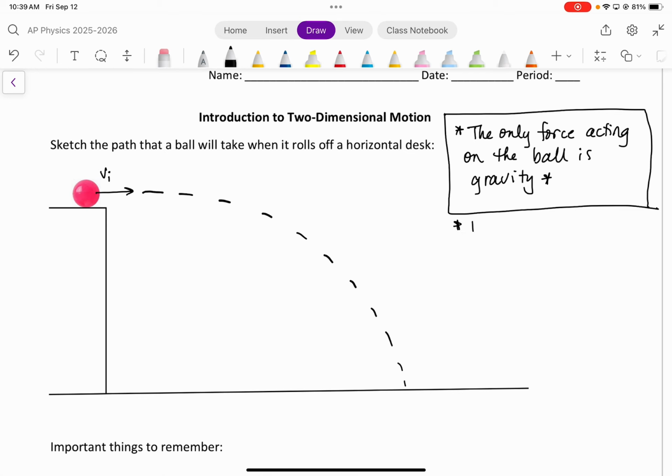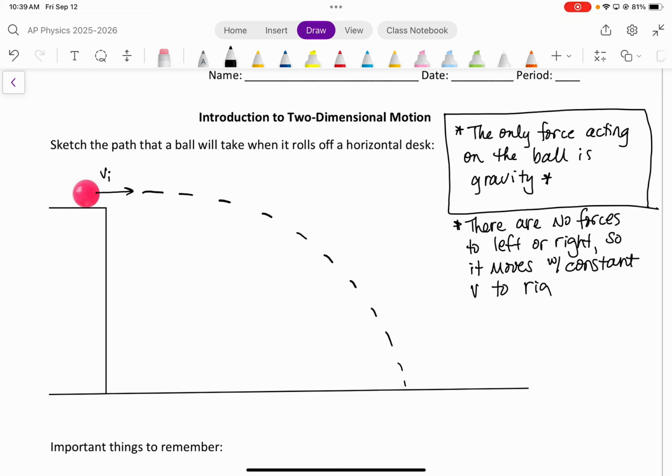So there are no forces to the left or right, so it moves with a constant velocity to the right.